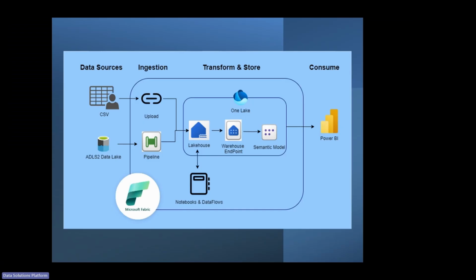What we've done so far is upload this data from CSV to Lakehouse. The next thing we want to do is ingest data from ADLS to Lakehouse. Let's do that.